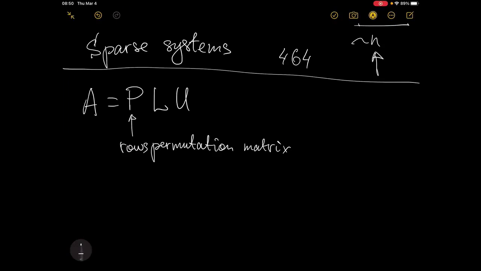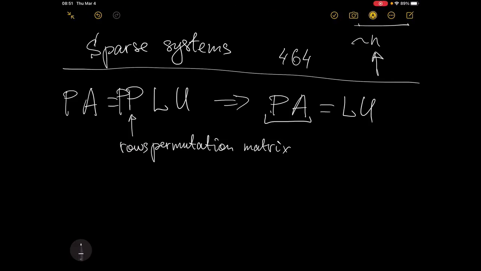I have shown you that the inverse of a permutation matrix is the same matrix, right? Because you're just swapping two rows. This is why you can multiply like that. And as a result, you will get PA equals LU, right? So essentially, when you perform permutations, this row swapping on the matrix A, you are essentially just renumbering the rows.